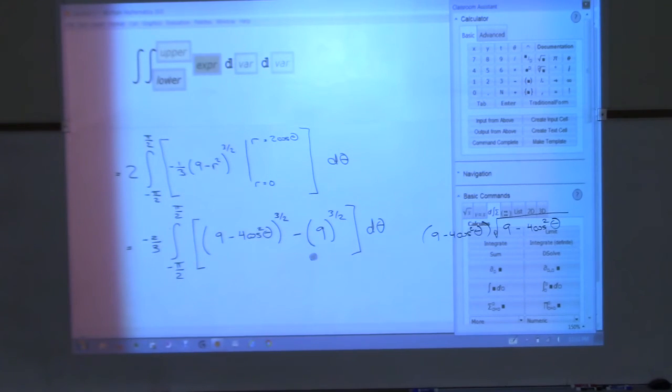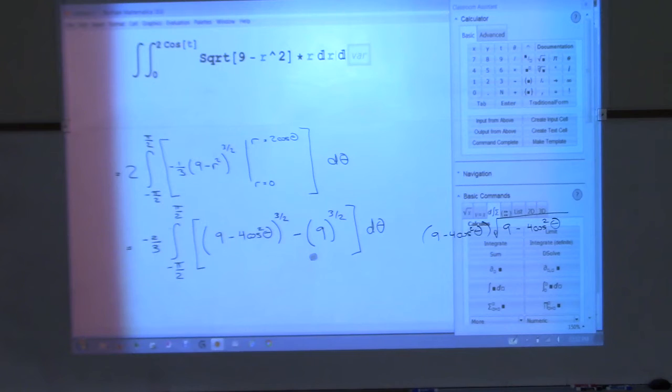Okay, so the original lower bound was 0, and then it was 2 cosine. I'm going to use t instead of theta. And then the expression that we integrated originally was the square root of 9 minus r squared, but then we also had times r, right?